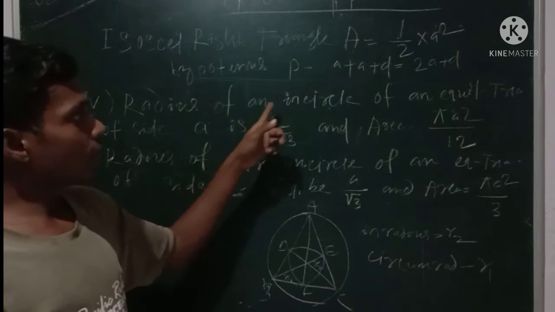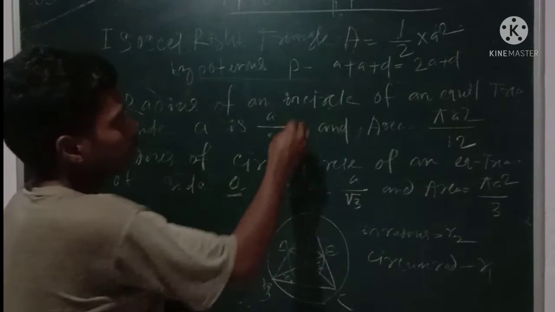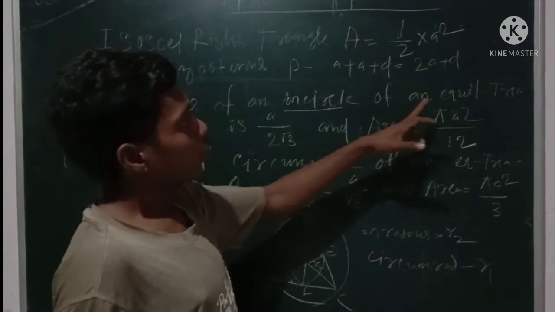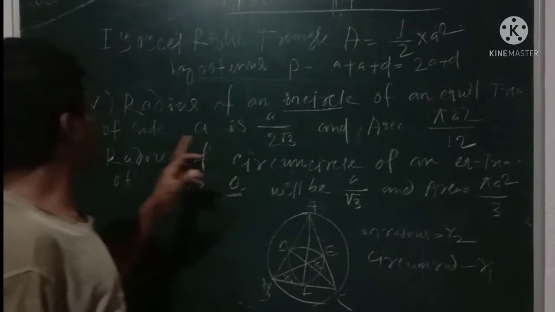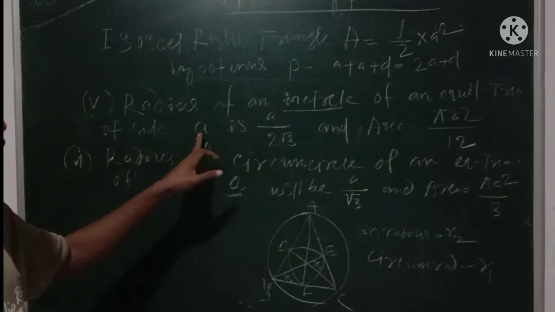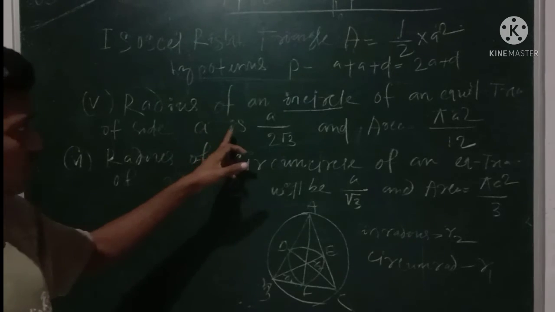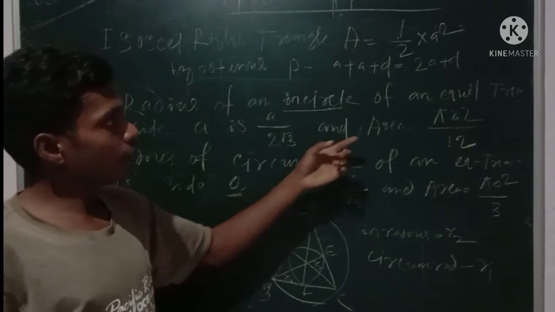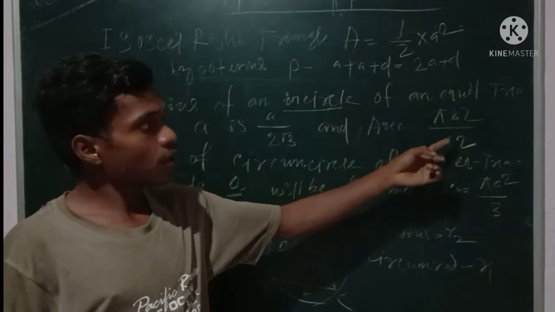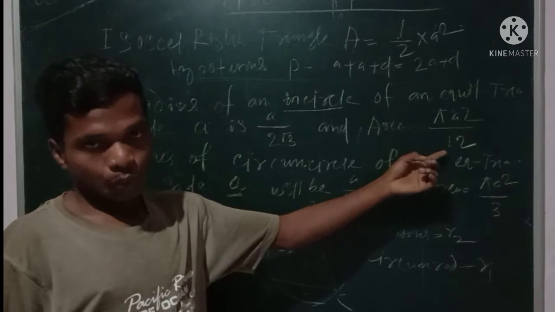What is the radius of an in-circle of an equilateral triangle? If this is an equilateral triangle of side a, the radius is a by 2 root 3 and the area is pi a square by 12.